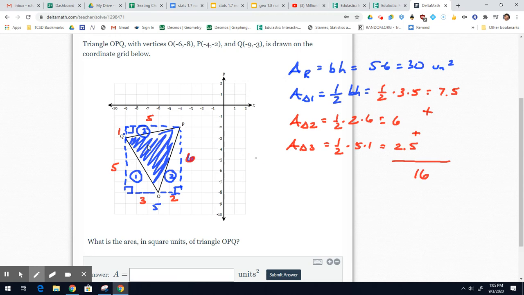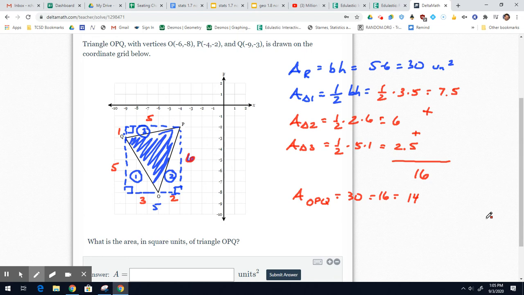So now to find the area of my blue triangle, what I want, so the area of triangle OPQ, I'm going to take 30, which was the area of the rectangle, and I'm going to subtract 16. And I get a nice even 14, and that would be in units squared. So it's kind of a lengthier problem, but I really like it. This is really the first time I saw this on a coordinate plane.